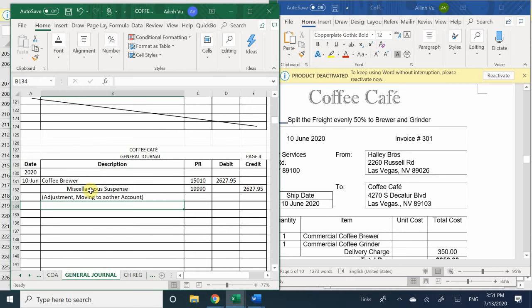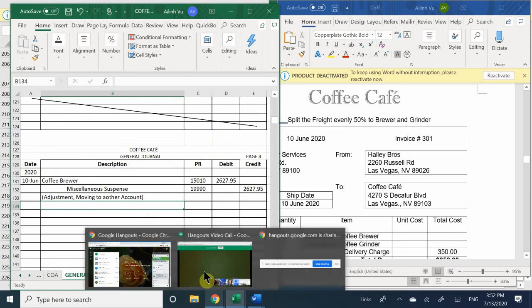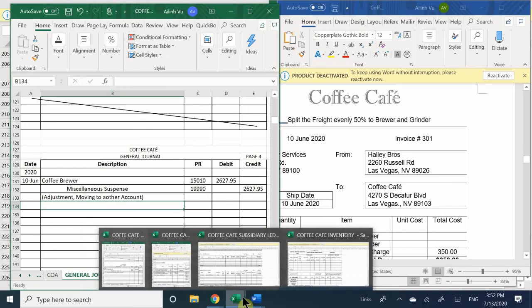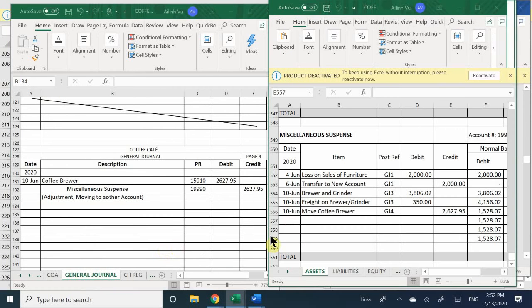Okay, we made a notation that it's an adjustment moving to another account. Correct. So we went into our miscellaneous suspense. I'm trying to see where it went, and we moved it, but where do we move it to? We moved it to coffee brewer.